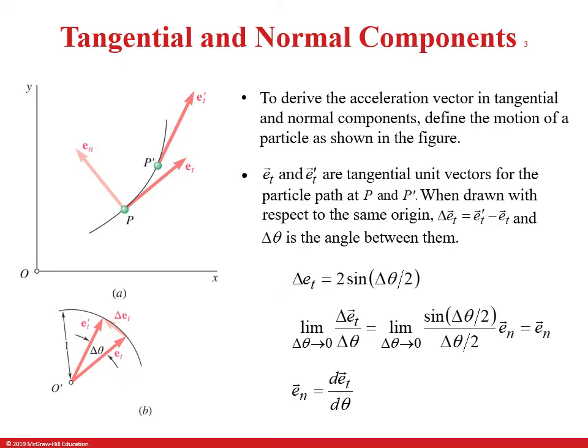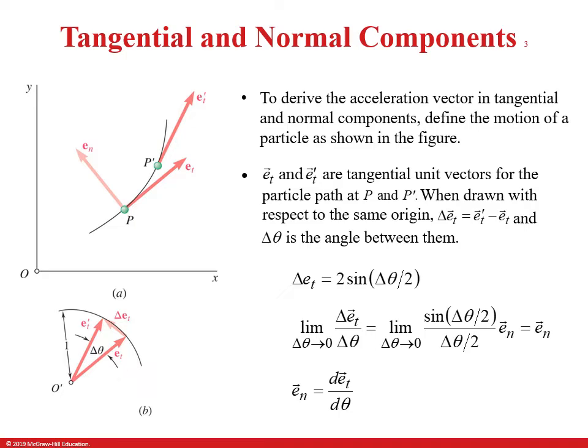Here we have two points, P and P prime. P prime is just, you could consider it, one instant after, and so it travels that far. We can break it into our tangent and our normal directions here. And if we want to derive a formula for calculating the normal direction, you could use this here, which would be after just an instant later, as we move delta e sub t.